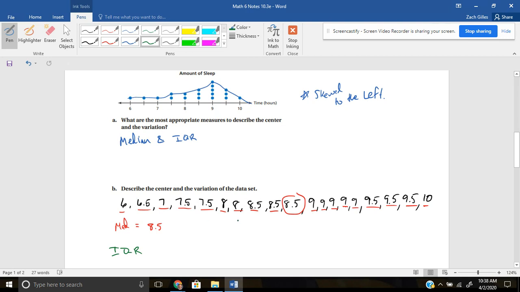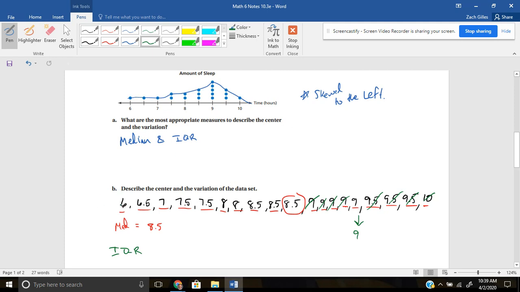So I need to find the median of my first half of my data and the median of my second half of my data. So I'm going to do the same thing. 9 and 10, 9 and 9.5. Again, I'm just working my way towards the middle point. And it looks like 9 is the median of the second half of my data.